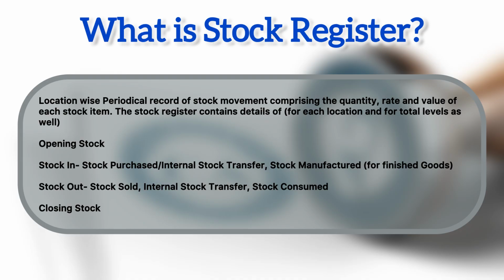It captures the movement of stock: what was the opening stock, how much stock was bought or transferred from other locations, how much stock was manufactured, how much stock went out in terms of how much was sold, transferred to other locations, or consumed, and also the closing stock values. Essentially, the stock register comprises the quantity, rate, cost value, and the relevant market value as well.